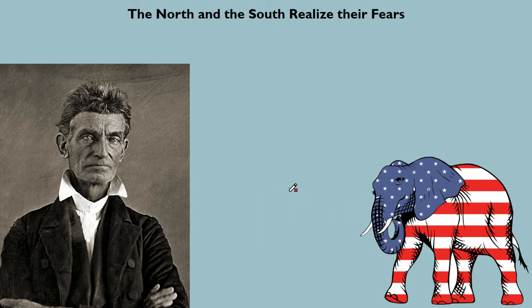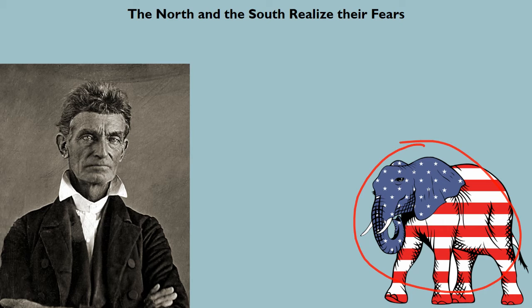Okay, so starting in 1854, in response to the Kansas-Nebraska Act, a new political party emerged called the Republican Party. Okay, and the Republican Party was founded basically in opposition to the Kansas-Nebraska Act and this idea that slavery could be allowed to expand into new Western territories.